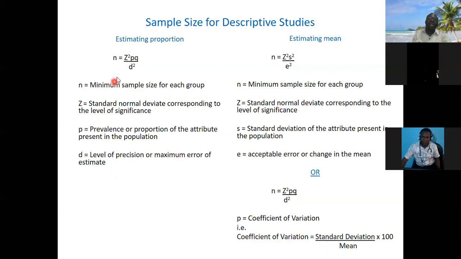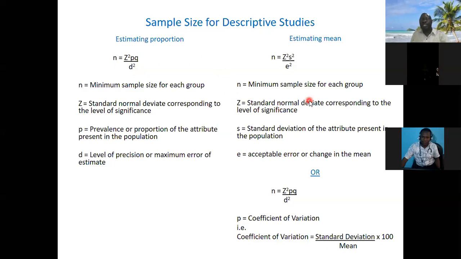What corresponds with the level of significance is the Z, because it's the one that corresponds with the standard normal value 1.96. So what represents your 0.05 level of significance is the 1.96 you put for Z. But the 5% you usually put down here is not representing level of significance. It's representing maximum error of estimate, or your level of precision.